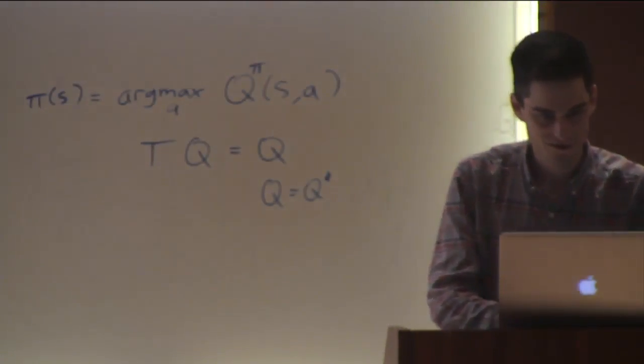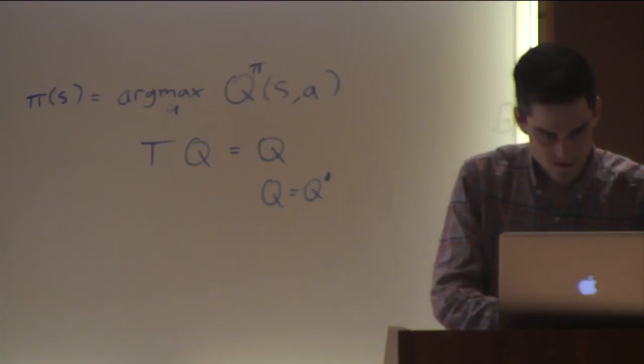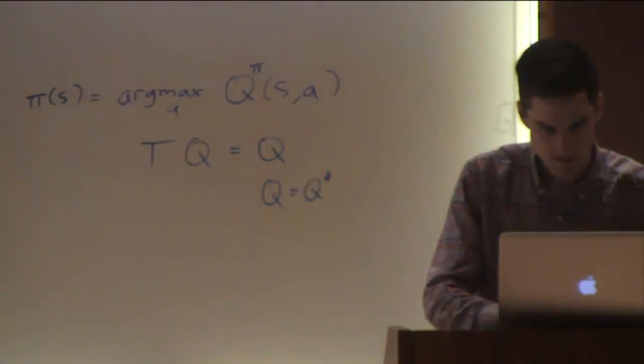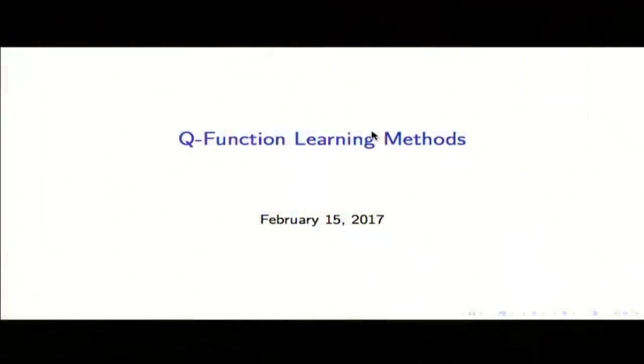OK, let me go. So first, let me recap the last two classes and say how this one relates to them. Two classes ago, we talked about MDPs and two algorithms for solving for optimal policies in MDPs, policy iteration and value iteration. These algorithms could only be applied if you know all of the parameters of the MDP.